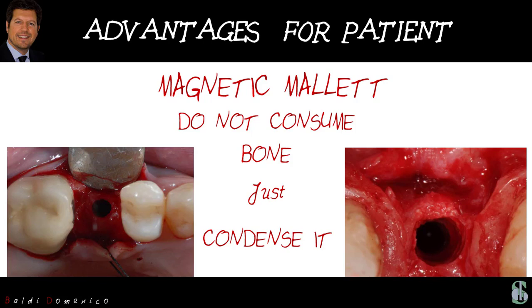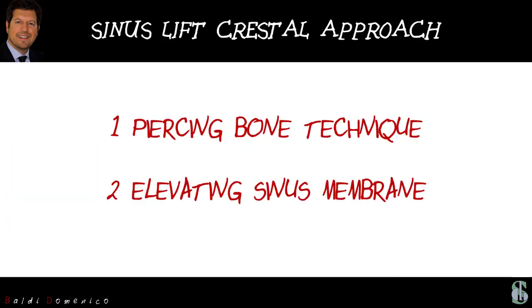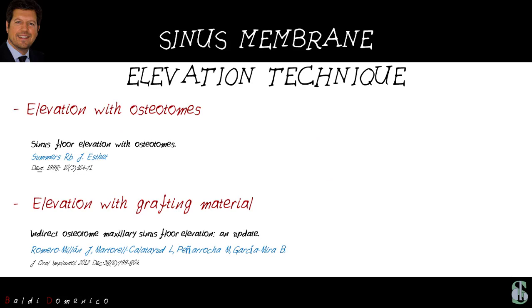So another advantage for the patient is that the magnetic mallet does not consume bone but just condenses it. So when we make the sinus lift with a crestal approach, we have to pierce the bone, but also we have to elevate the sinus membrane. And we analyze all of the more popular techniques.